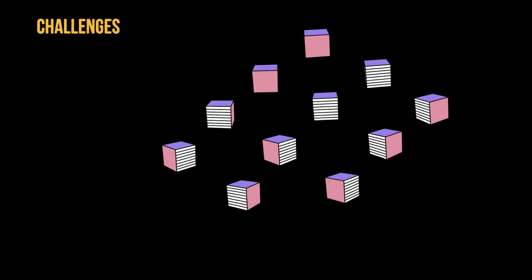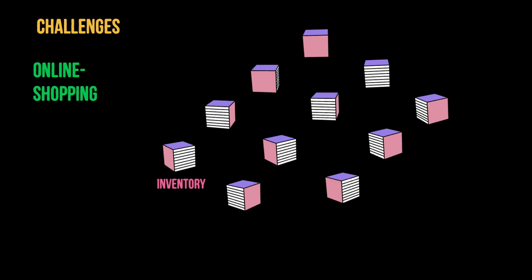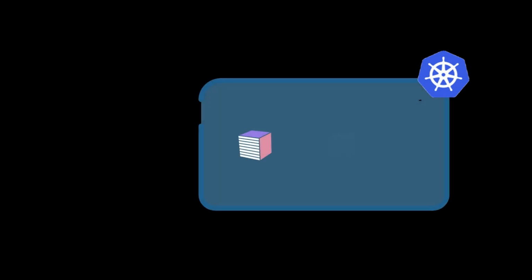To make it more clear what the microservice architecture is, let's take an example of an online shopping application like Amazon, Flipkart, or any other online shopping platform. Each of these platforms has inventory, payment facility, you can add items to the cart, a web interface, and many other features. Each of these features can be developed and deployed individually as a part of microservice on Kubernetes cluster, as a container in a pod.